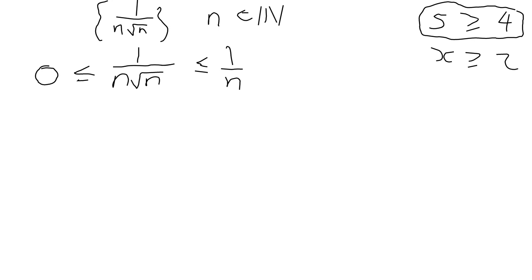1 over n. So 0 is always going to be less than or equal to 1 over n root n. Of course, it's less than it all the time because n is a natural number. And even if n was not a natural number, that thing can't be equal to 0, but we know it's always greater than 0. And it's always less than or equal to 1 over n. When is it equal to 1 over n?